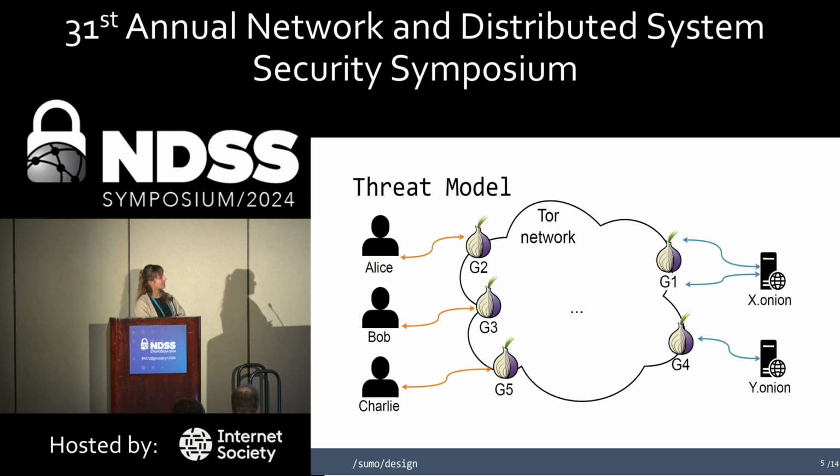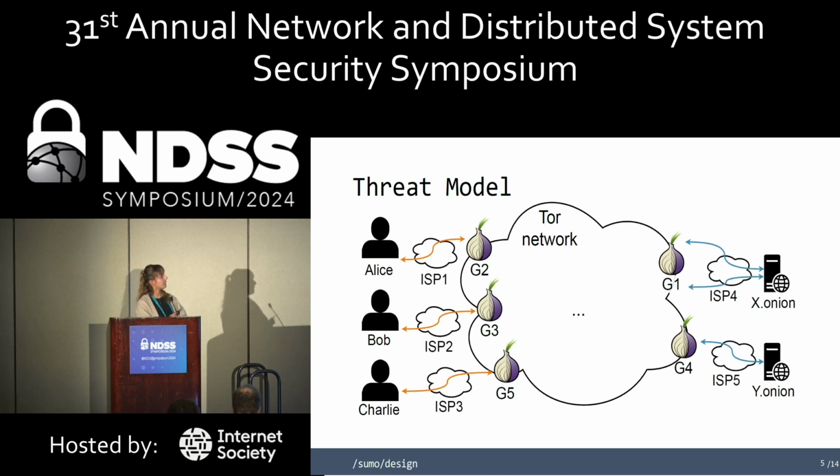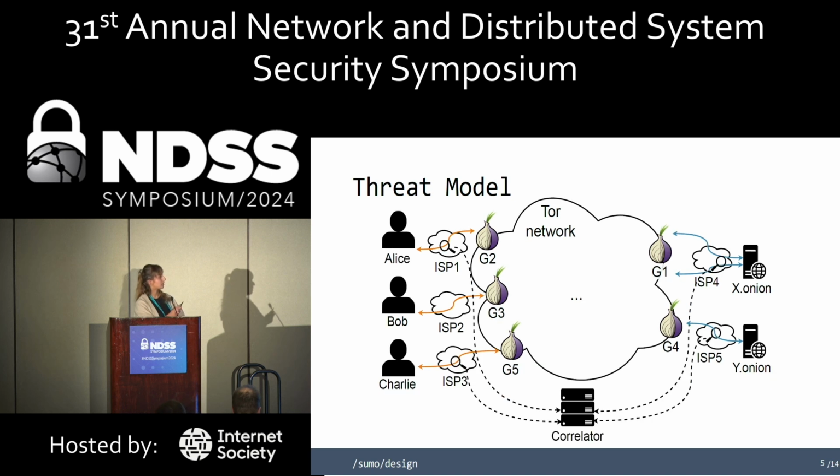Here we have a set of clients accessing onion services through the Tor network. Between each communication lies at least one internet service provider, or ISP. We assume that multiple of these ISPs can collude together to monitor the traffic, extract features of that traffic, and then send it to a centralized entity, the correlator, that would then deploy one of the traffic correlation attacks.